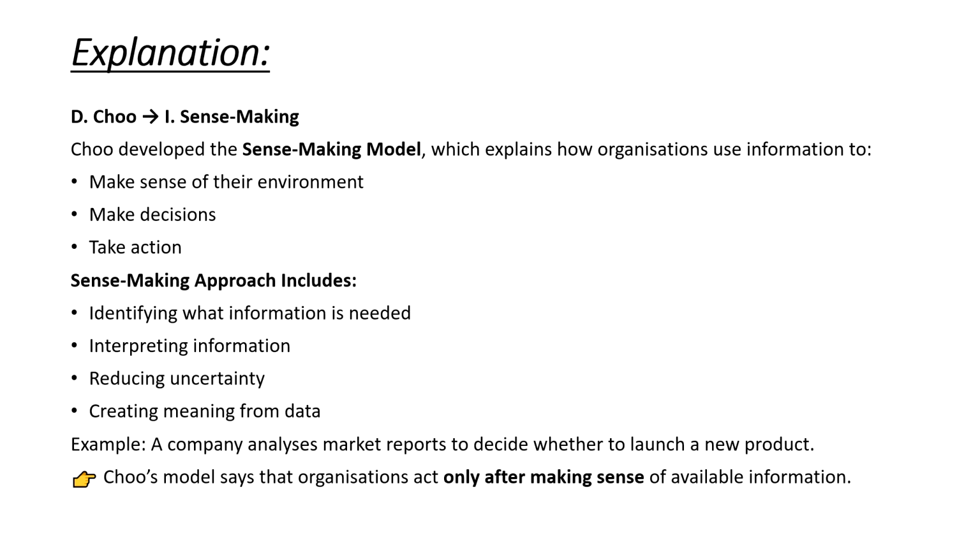He developed the sense making model, which explains how organizations use information to make sense of their environment, to make decisions, and to take actions. Sense making approach includes identifying what information is needed, interpreting information, reducing uncertainty, and creating meaning from data.